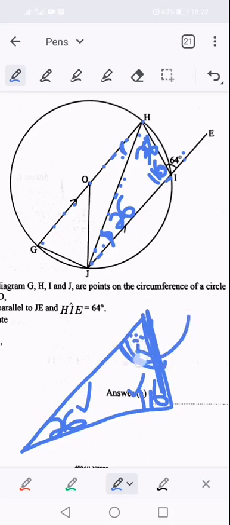So this one it's 38 degrees. So apa taona 38 kureva kuti JHI is 38. Then also this one IJH tawana iri 26.